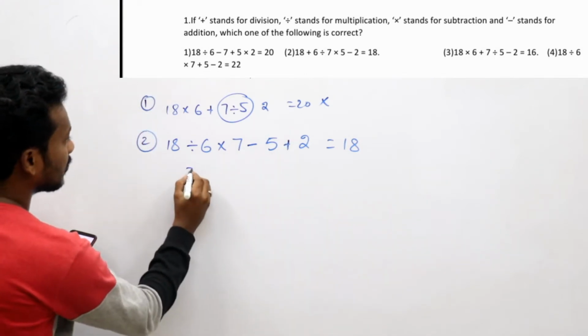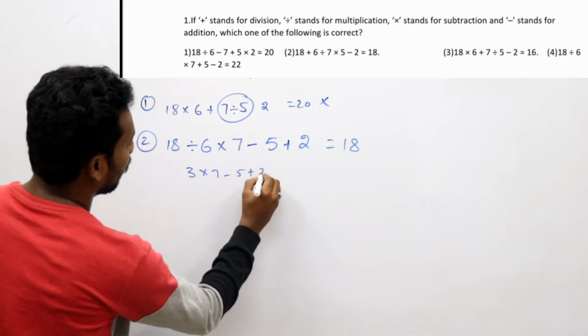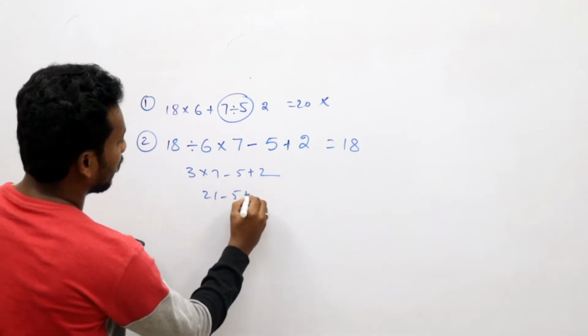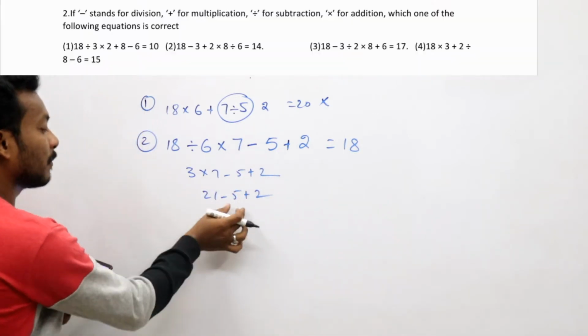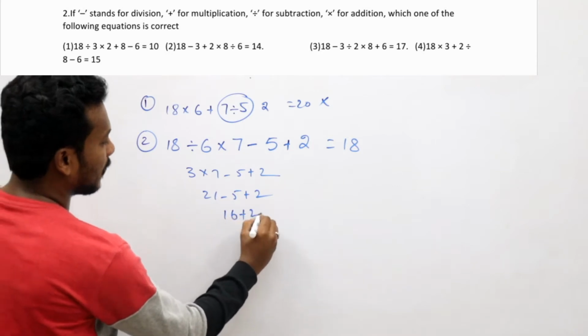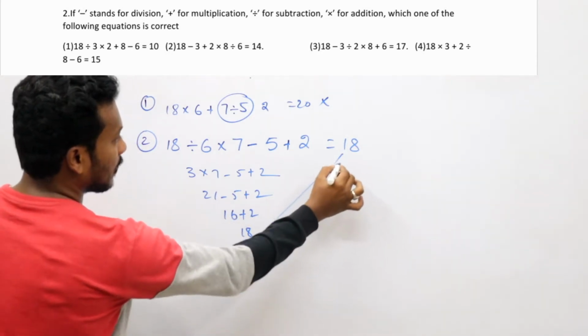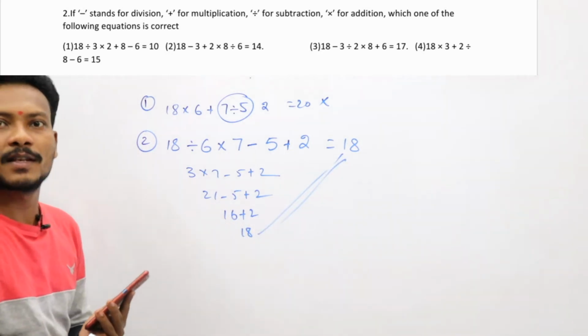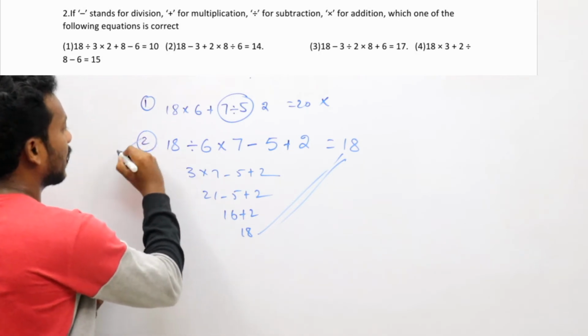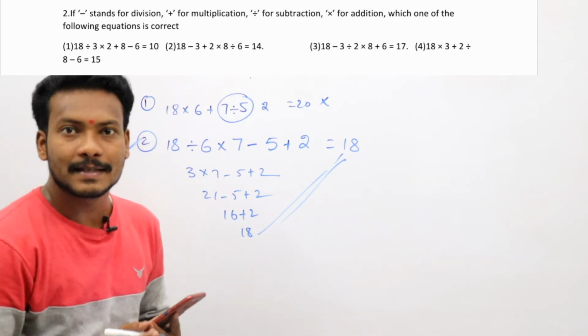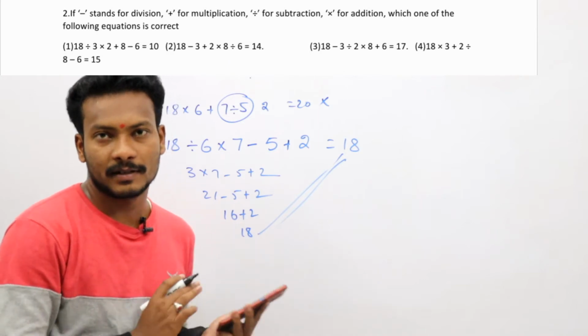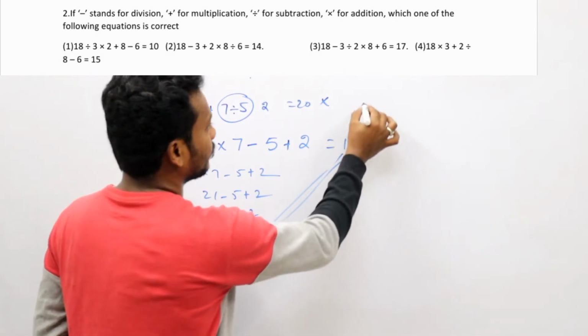Here it is 3, 7, 5, 2: 21 minus 5 plus 2. 21 minus 5 is 16, 16 plus 2 is equal to 18. We got the same answer. Now the answer is the second option. Okay, right?